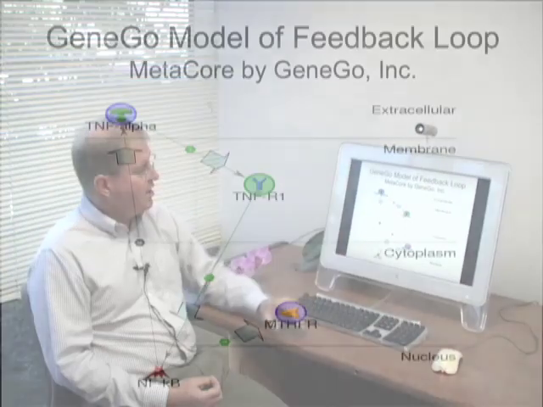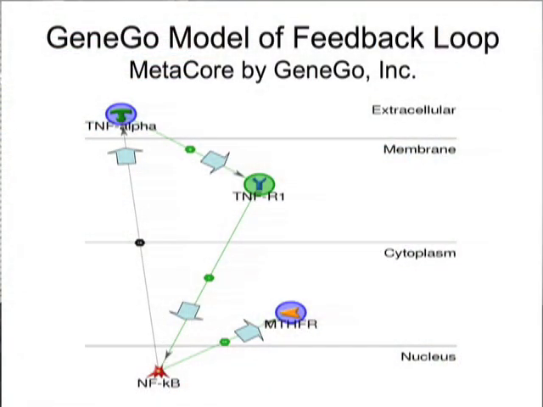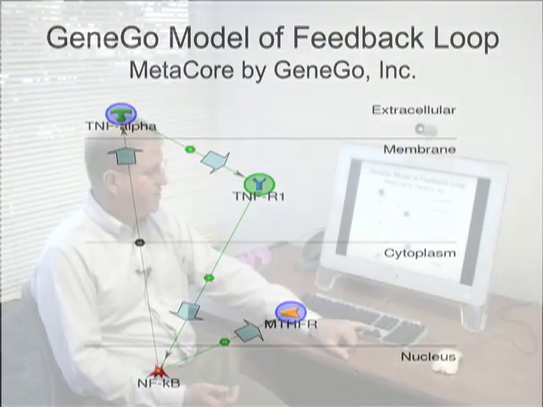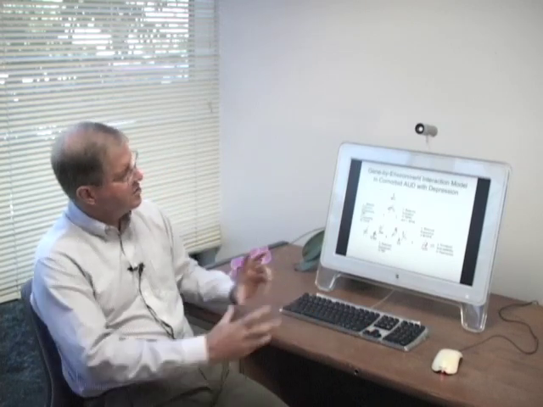Notably, as this signal is growing stronger, or for that matter weaker, it has an effect on MTHFR as well. I mentioned that MTHFR is a folate metabolizing enzyme, and so whatever happens within this network also influences MTHFR, which influences folate metabolism.